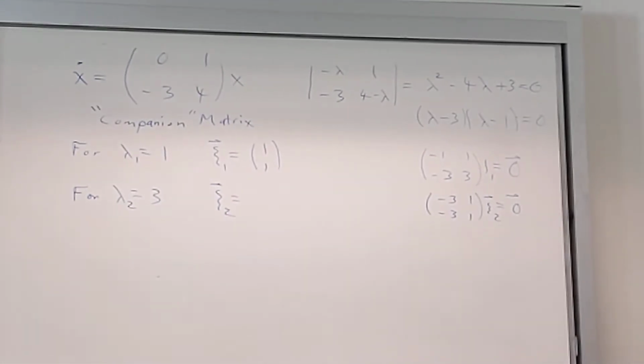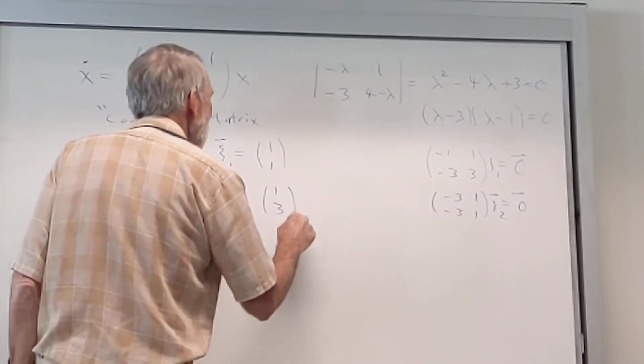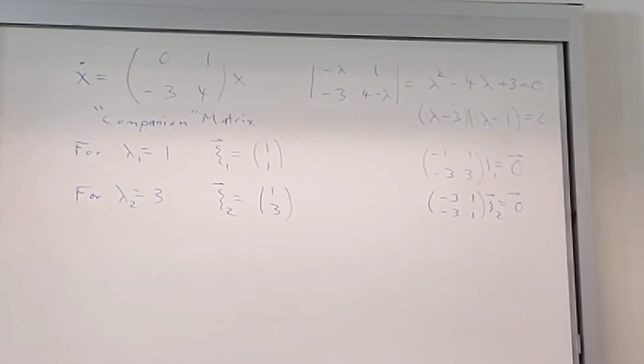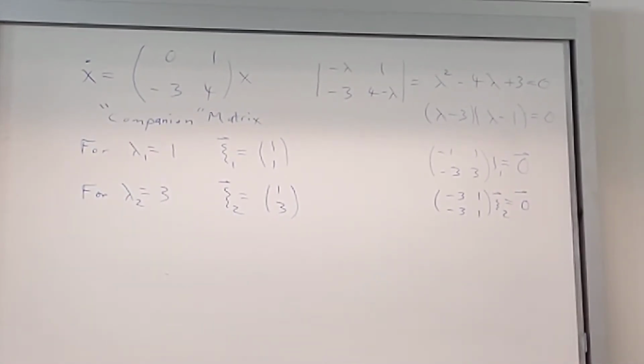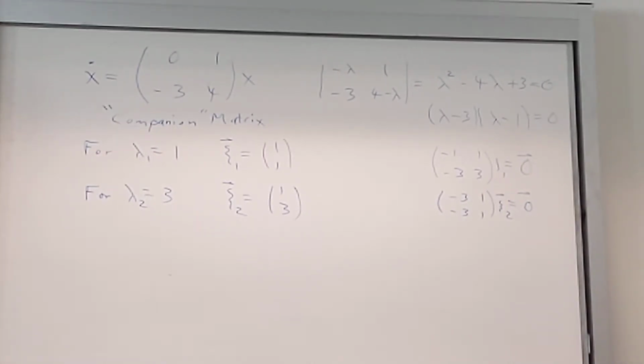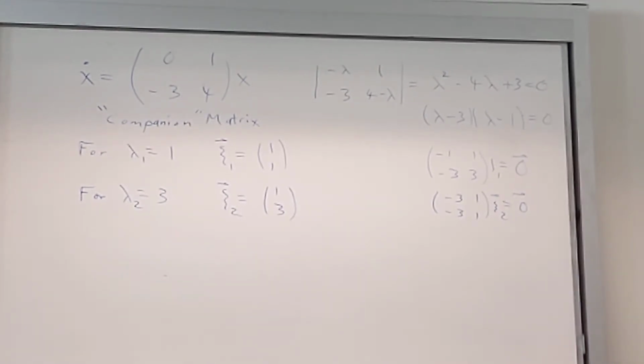I love the way you did that, because this is exactly what happens with companion matrices. The nice thing about this companion matrix is that it relates very much to what happens between two-dimensional second-order linear equations and first-order systems.